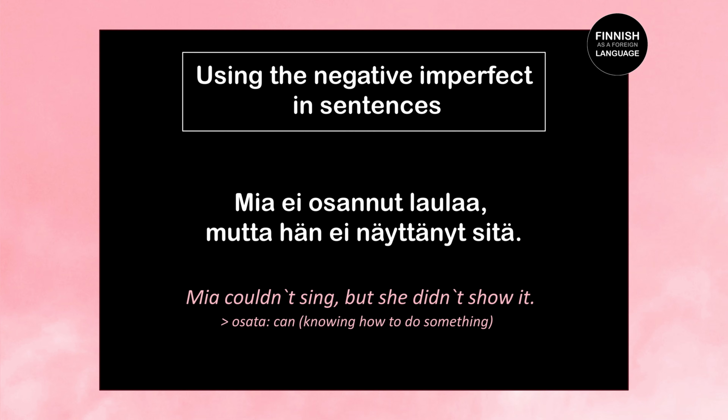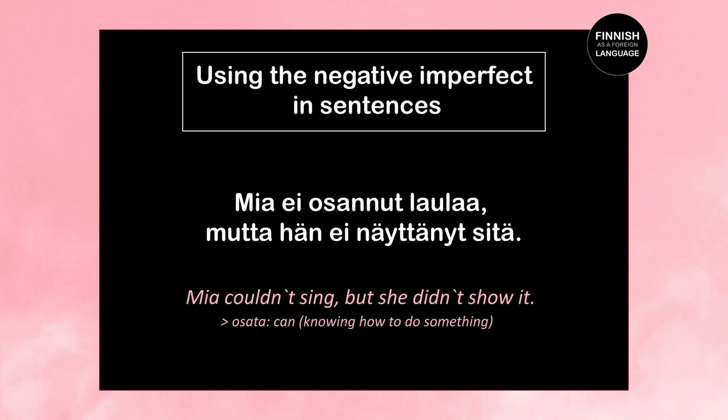Next one. Mia ei osannut laulaa, mutta hän ei näyttänyt sitä. Means Mia couldn't sing, but she didn't show it. So let's go step by step. Ei osannut is the third person singular negative imperfect of the verb osata, which means can, in the sense of to know how something works. Laulaa is in its infinitive form and it means to sing.